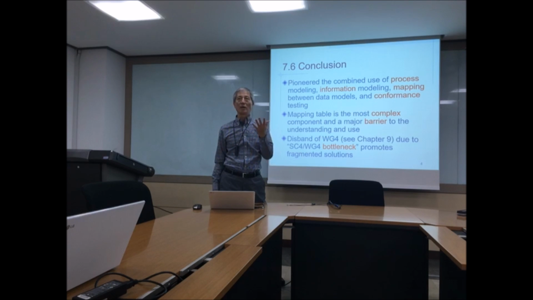No, 8 there is. So we have 2, but that is idling. 3 is active, and working group 8 is active. That kind of thing is happening as time and history change. Due to Bartlett promotes fragmented solutions. We'll see in chapter 9.